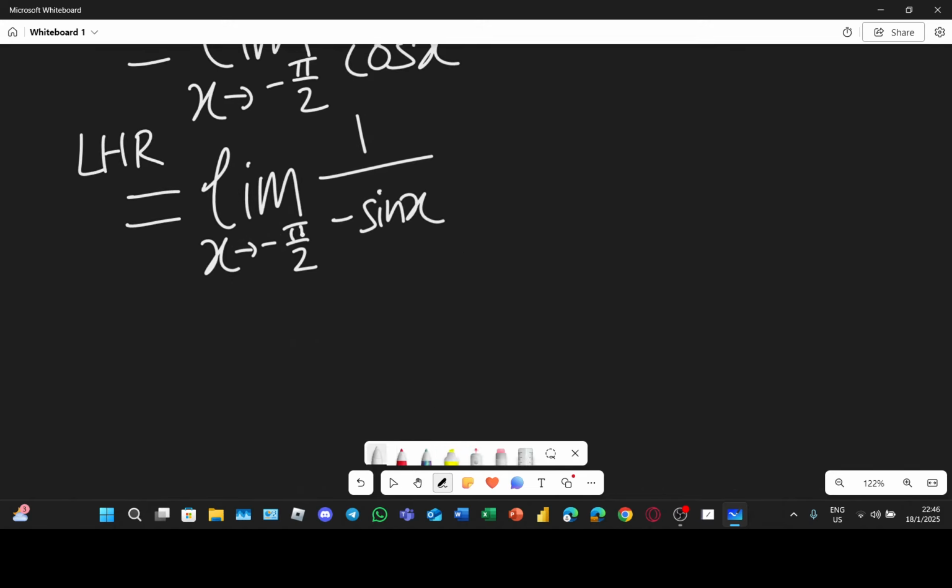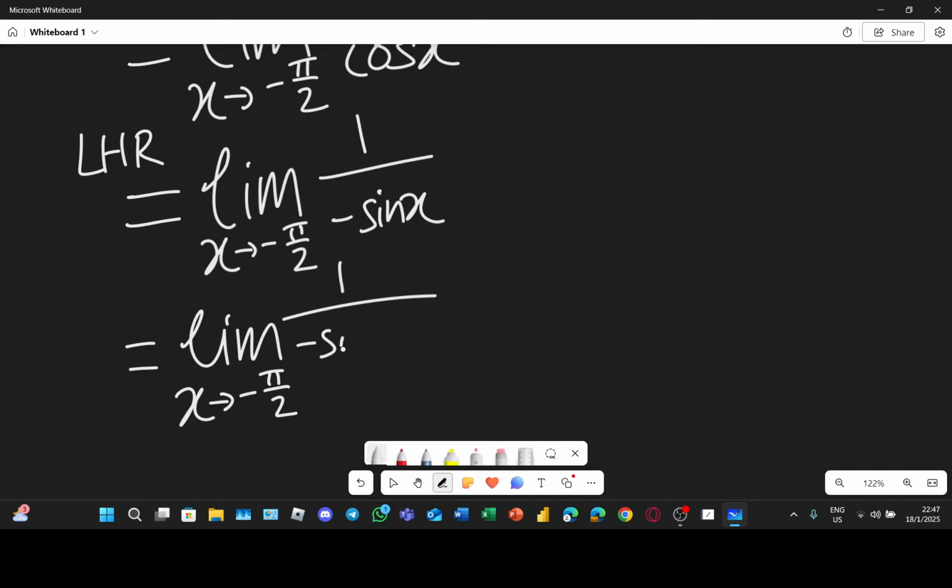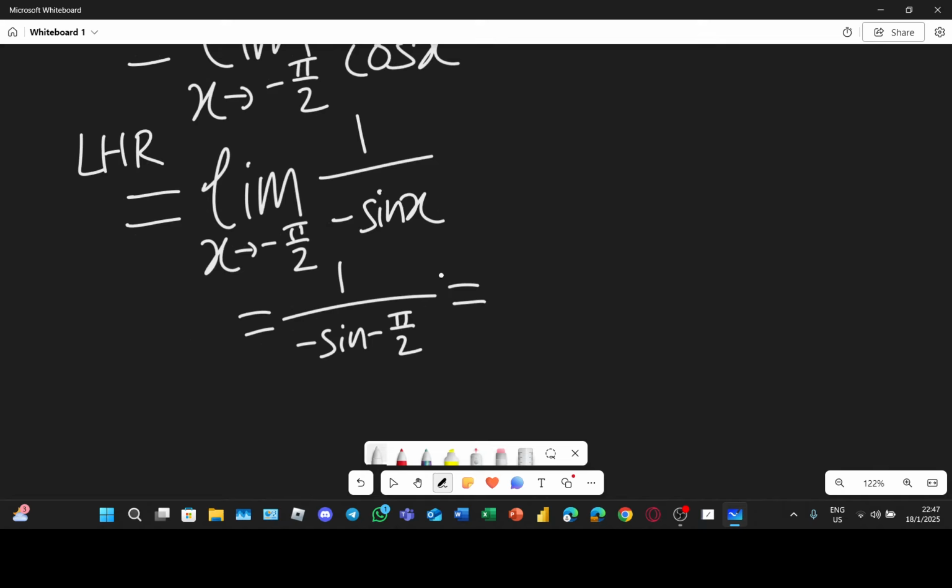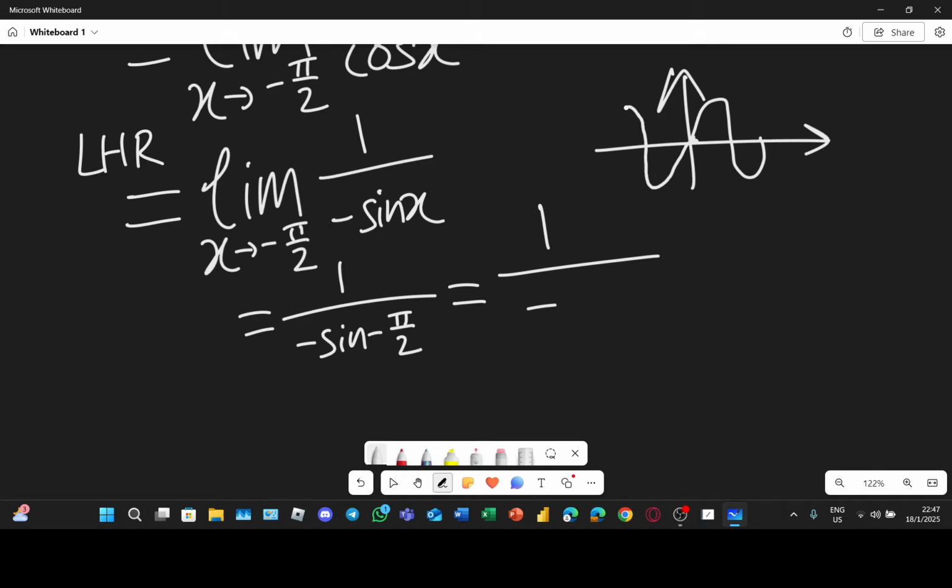And then we try to perform a direct substitution again. So we get 1 over negative sine of negative pi over 2. To find sine of negative pi over 2, recall your trigonometric graph.